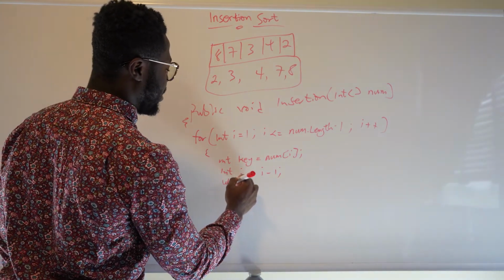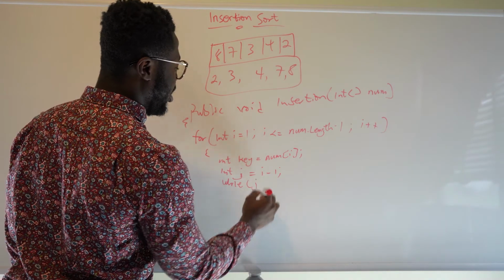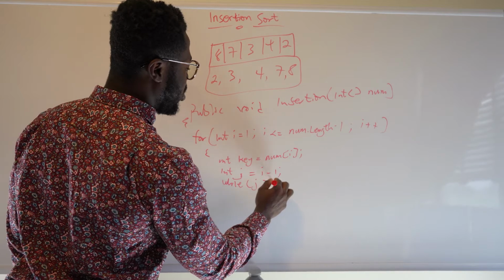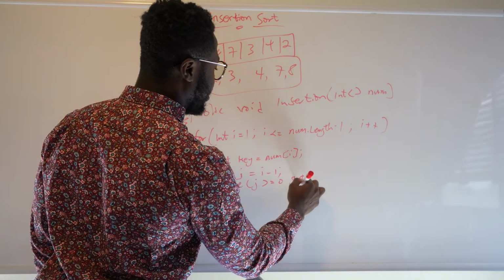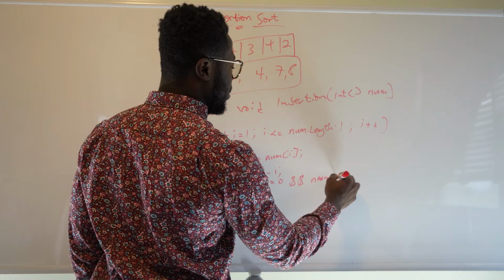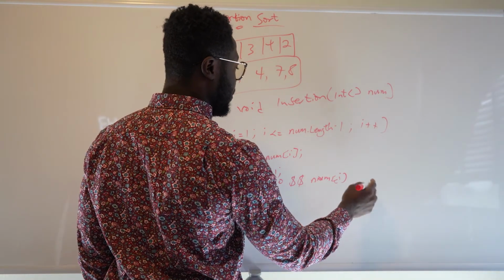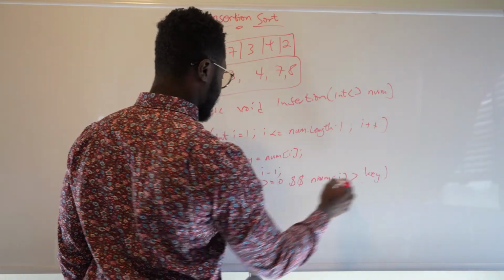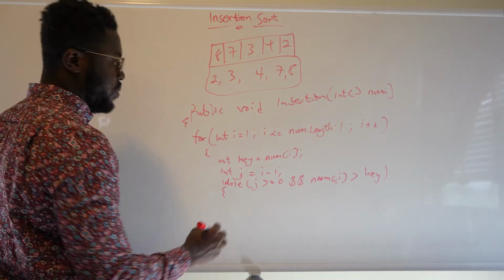Then while j is greater than or equal to 0 and num at j is greater than key, then we come into there.